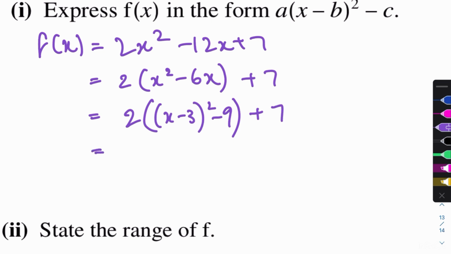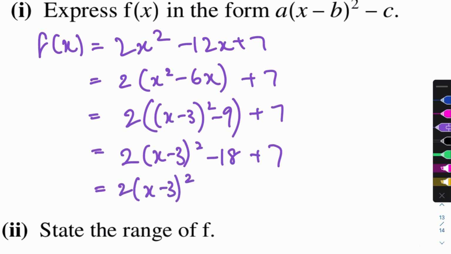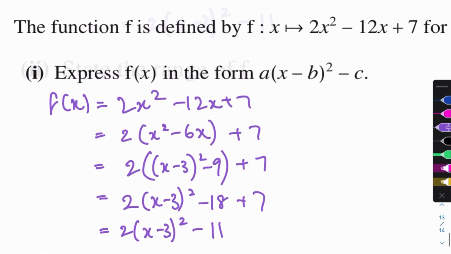Expanding the brackets slightly, expanding these bigger brackets, these outer ones, not the inner ones. So 2(x minus 3) squared minus 18 plus 7 equals 2(x minus 3) squared minus 11. And that's how you complete the square for this.